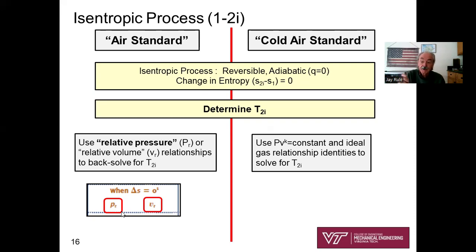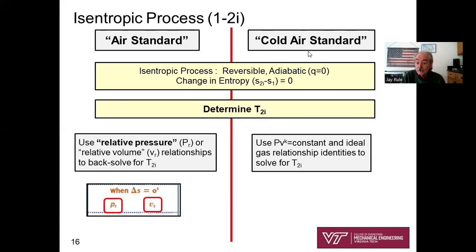Multiply both sides by PR1 to solve for PR2. I just found a numerical value for PR2. I'll go back to table A22, look for that number in the PR column, and then back-solve for the temperature, T2i. I apologize that I didn't have that fundamental on my slide, but that's the way you do it for variable specific heat.